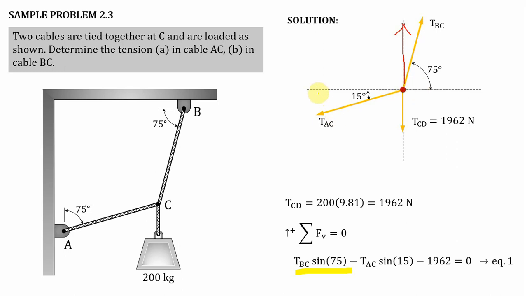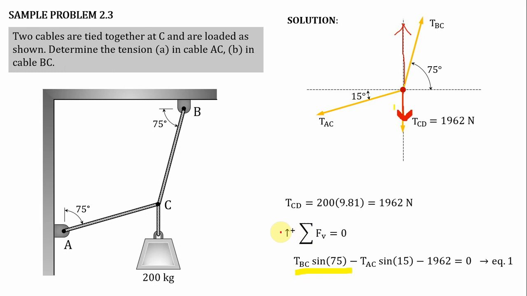Okay, so ang vertical component ng tension AC, since upward to the left yan, so downward to the left, therefore yung vertical component niya is going downward.